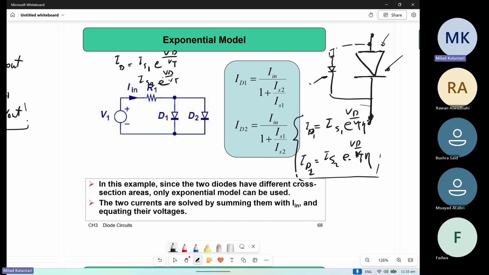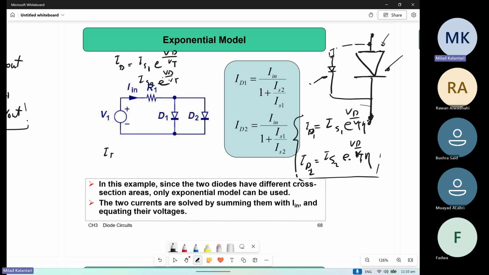For these parallel diodes, the only common thing is that the voltages of the diodes are the same.